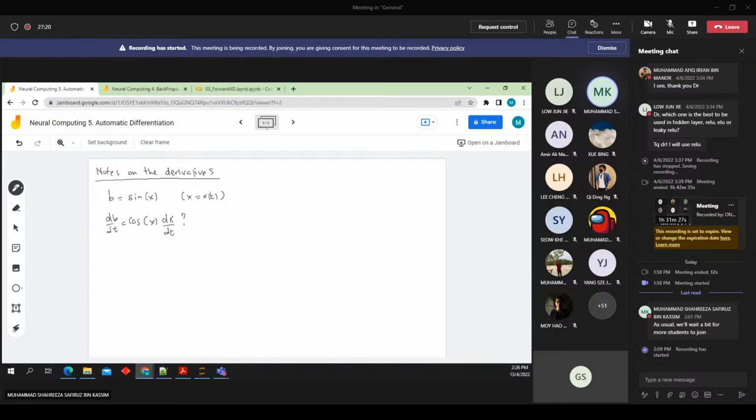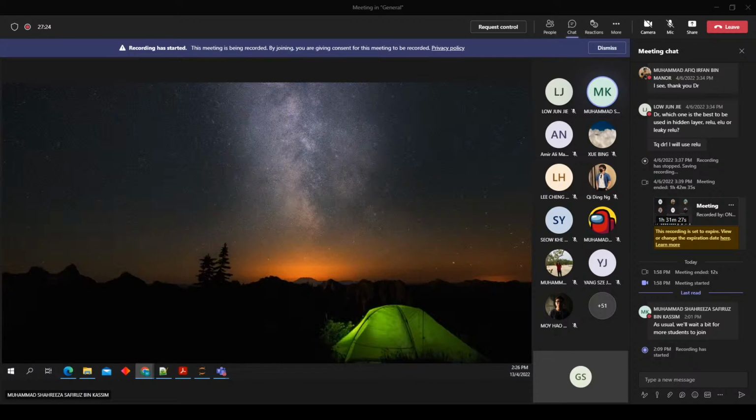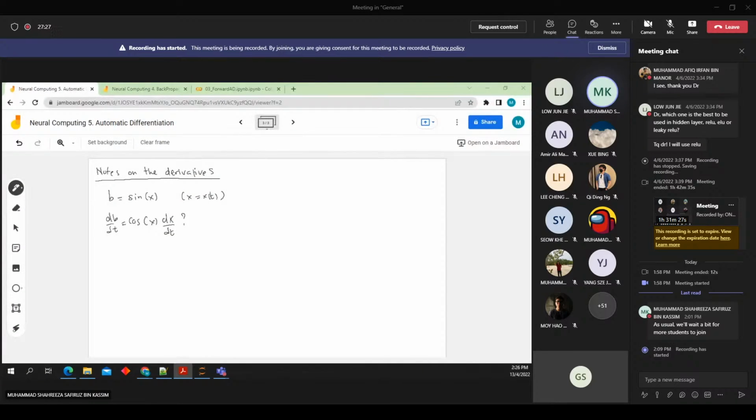What rules are we using here? I want you to think of differentiation rules, right? Why is db/dt equal to cosine of x and dx/dt?